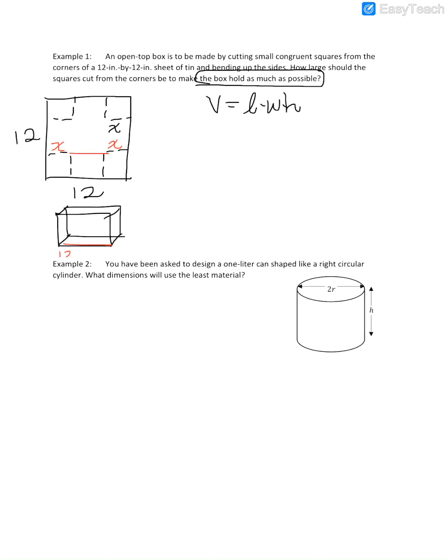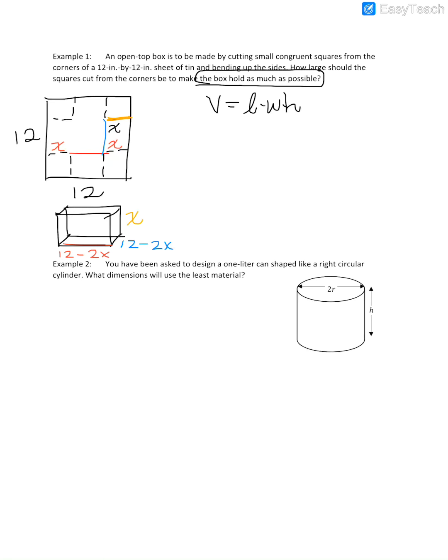So 12 minus 2x. All right, on the other side here, it's going to be the exact same thing. 12 minus 2x. And then the height of the box, when I fold these up, is going to be the x value that I have.